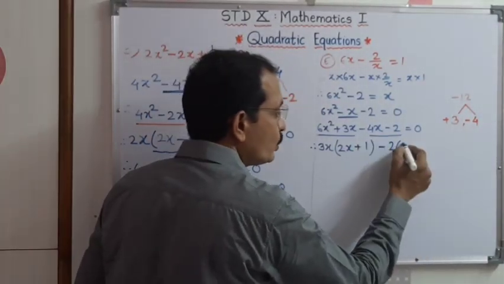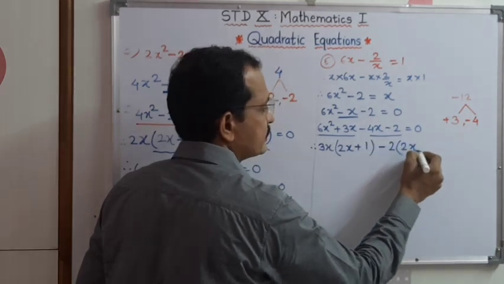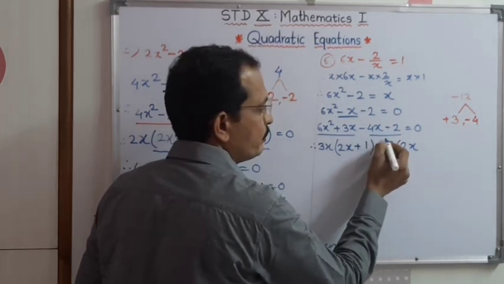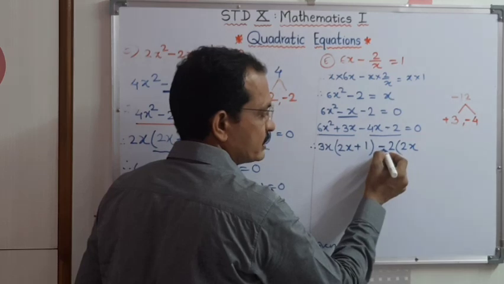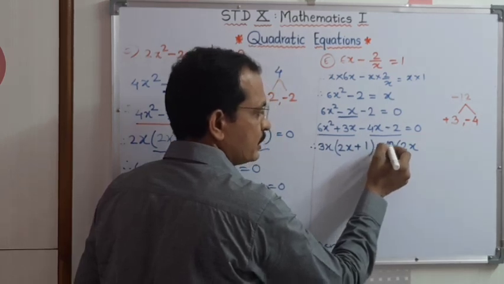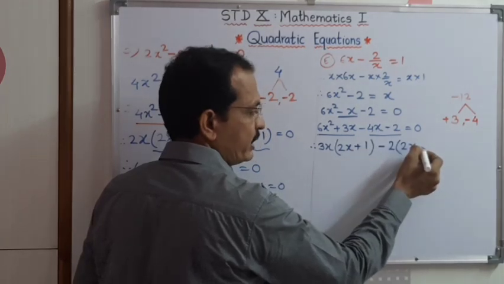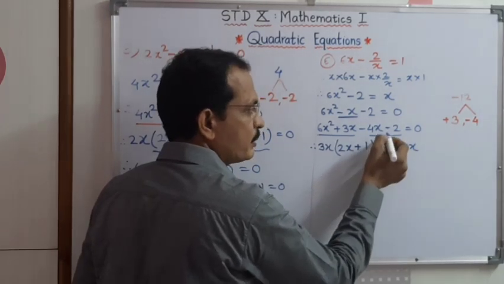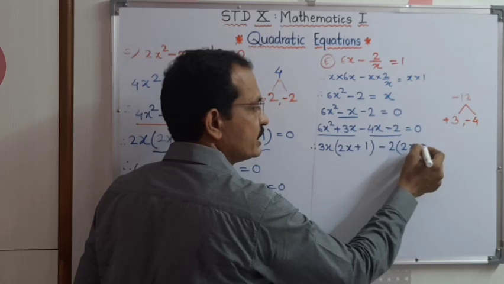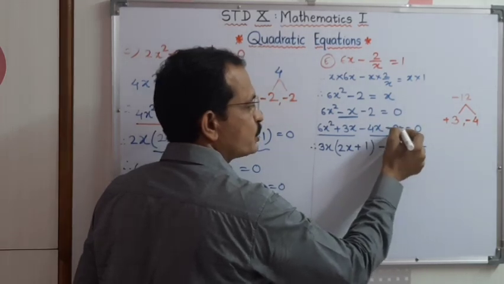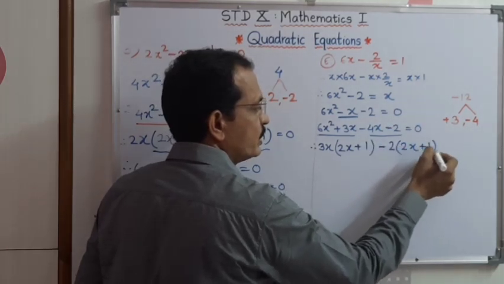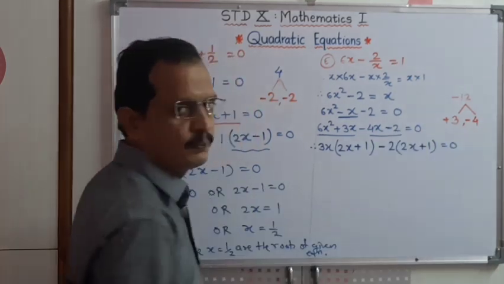Then 2 2s are 4 and this x. This minus sign will become plus because of this minus. If here it is plus, then we have to leave it as it is. If minus, then we have to write minus. But here it is minus, therefore this minus will get changed, it gets plus. And this 2 we take out common, therefore it is 1 is equal to 0.